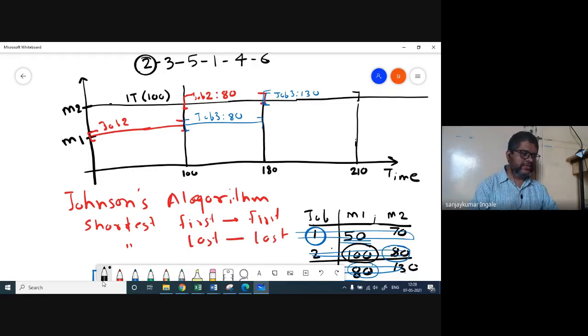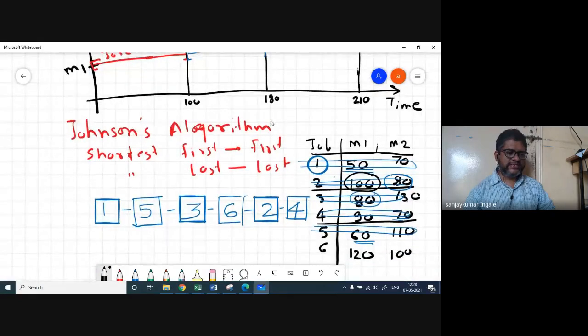Next, once job 3 is done, we have to go for job 5. What is the processing time for job 5? 60 on machine 1.